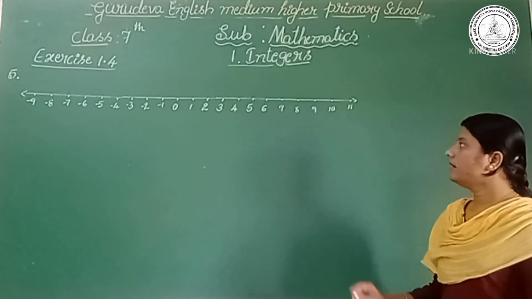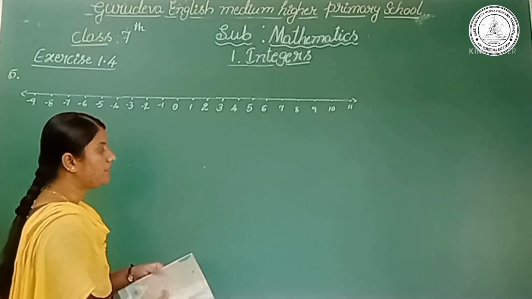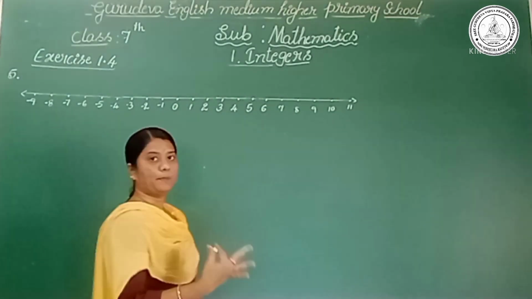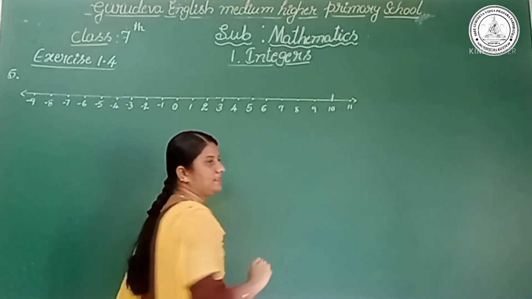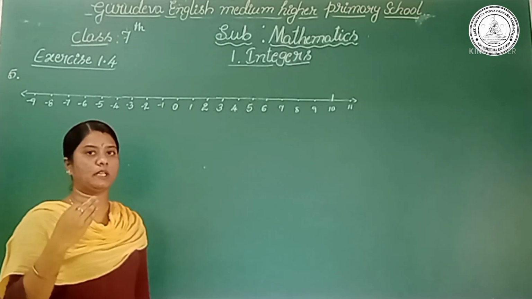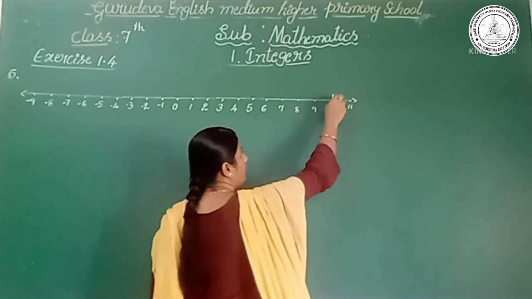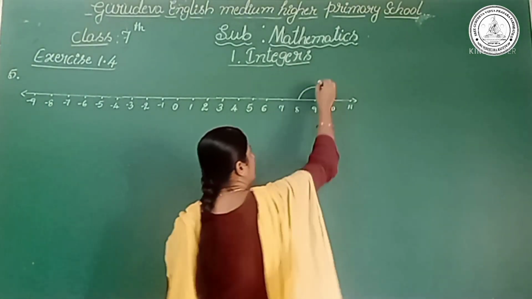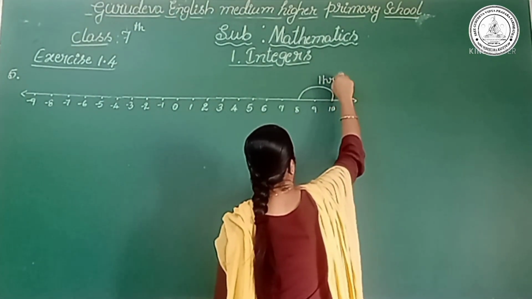They said that at 12 noon the temperature is 10 degrees Celsius above 0. Above 0 means it is a positive integer, 10 degrees Celsius. So here there is 10 degrees Celsius and the temperature decreases every hour by 2 degrees Celsius. Right? If it decreases 2 degrees Celsius, we have to jump 2 degrees Celsius. That is for 1 hour.